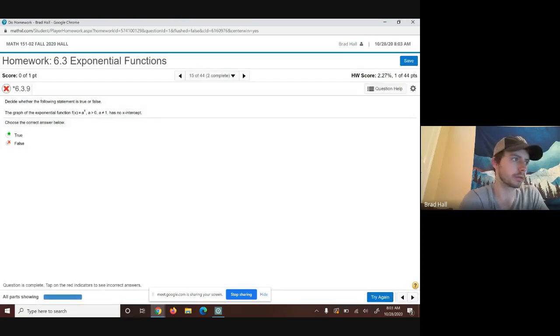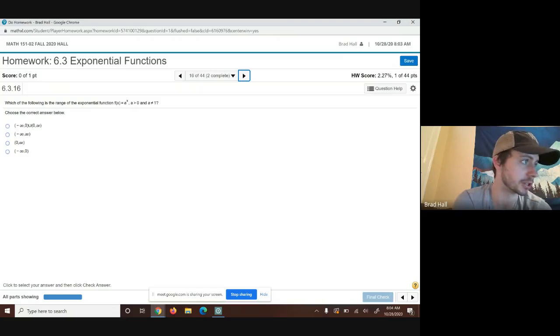The graph has no x-intercept, so that is true. It does not have an x-intercept because there's a horizontal asymptote on the x-axis, which means without any transformations, there cannot be an x-intercept.